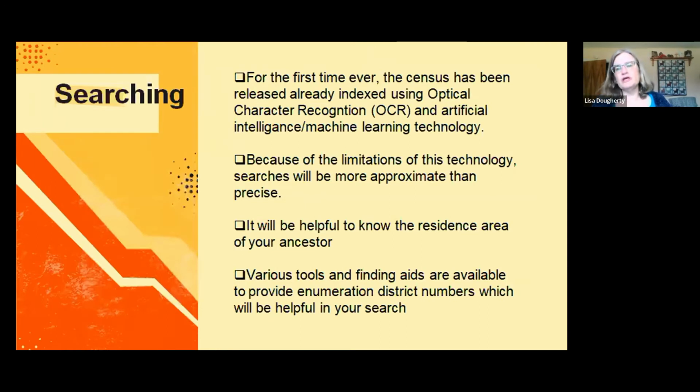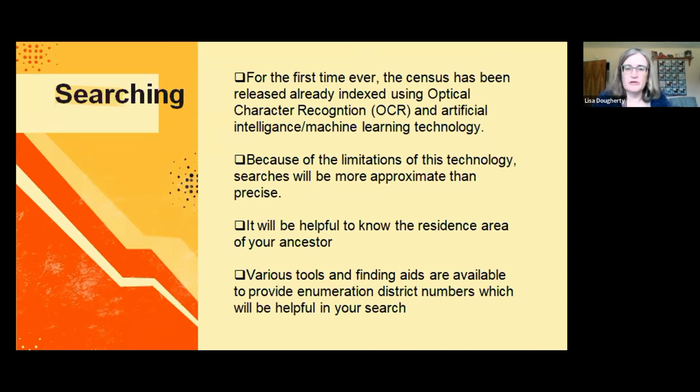So when we're thinking about searching, something to be aware of is that this is the first time with the release of a census that an index has been generated using OCR, or optical character recognition. So a computer has basically gone through the census and created an index of sorts. Well, OCR is wonderful, but one of the problems is that we're talking about handwritten records.